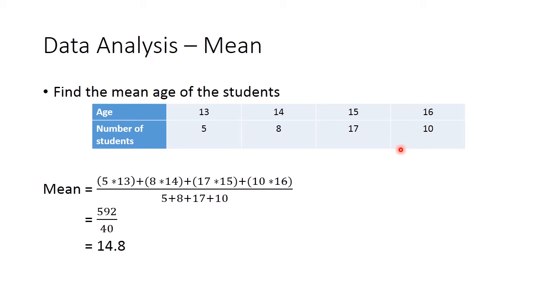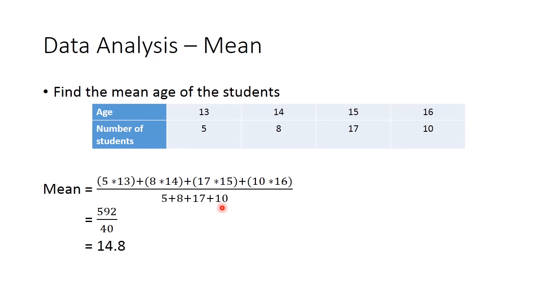But how do I get the number of data? The number of data will be the number of students in this particular case. So I will take this entire row, the number of students, and add them up. So I have 5 plus 8 plus 17 plus 10.